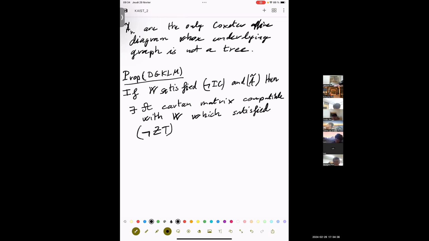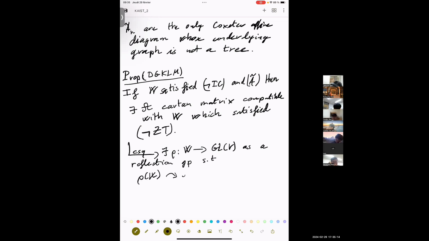So you can always find a Cartan matrix which will have no zero type, and as a consequence, you get a representation rho of W, which always has a reflection group, and such that the action of rho W on Omega is convex cocompact.